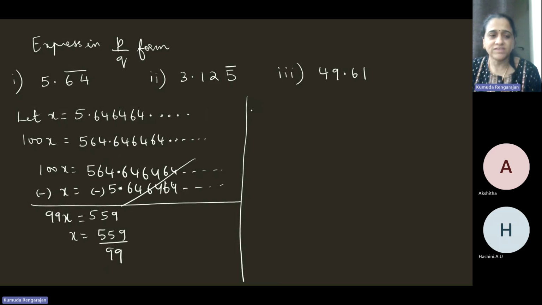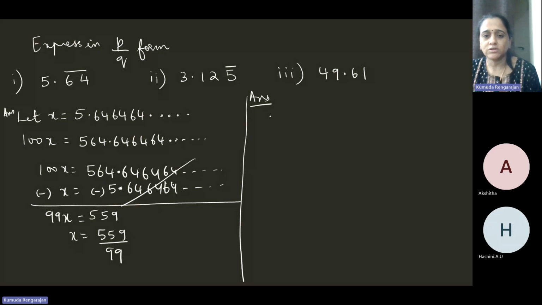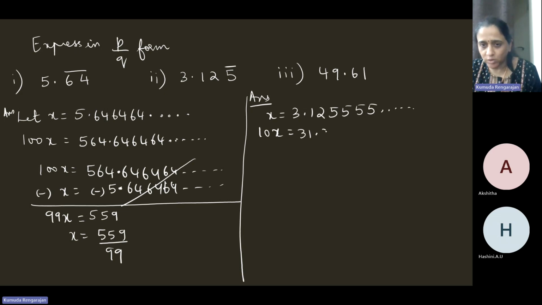For the second one, x is equal to 3.12 with only the 5 going on forever. The bar is on top of only 1 digit, so we should find 10x, which will be 31.2555 going on forever.